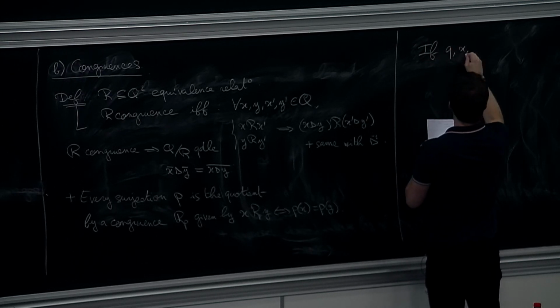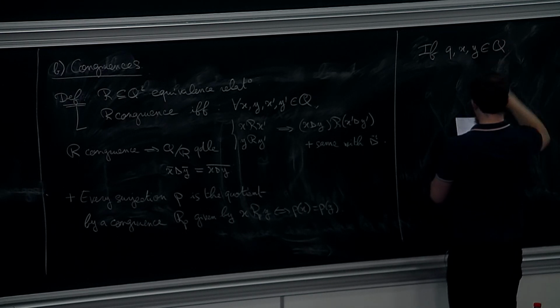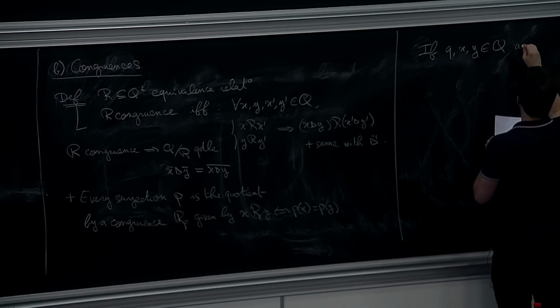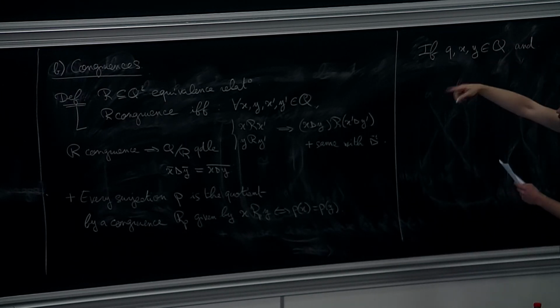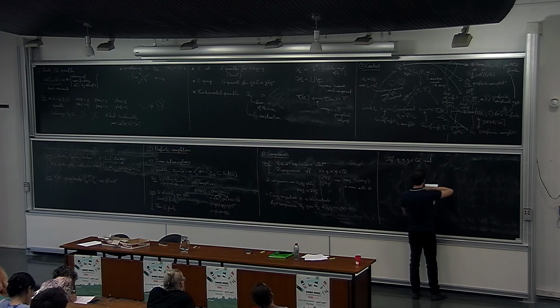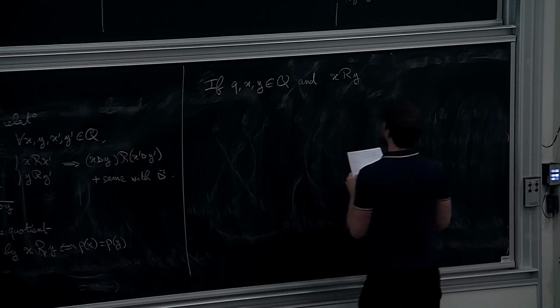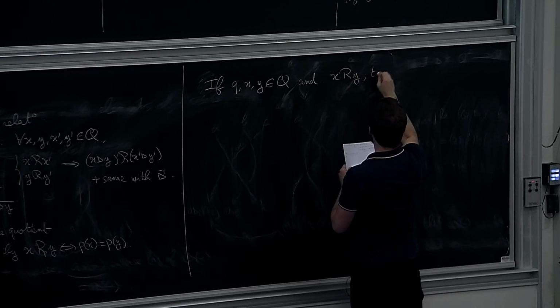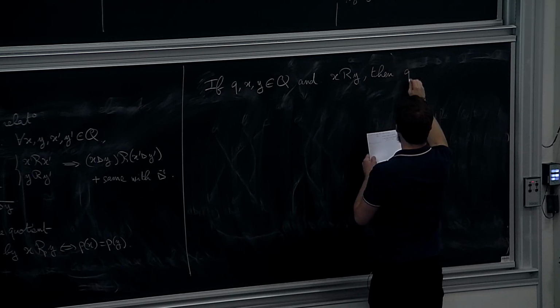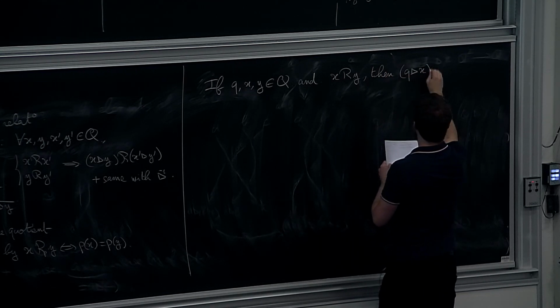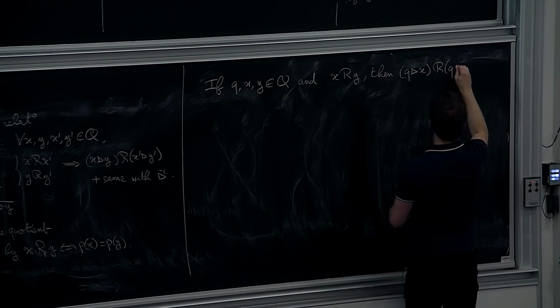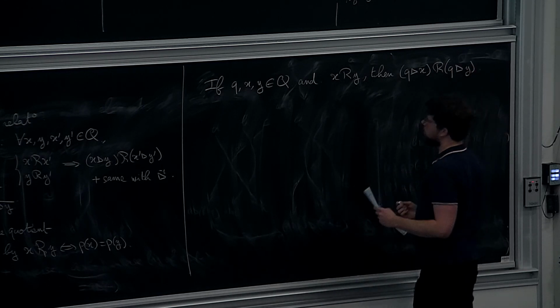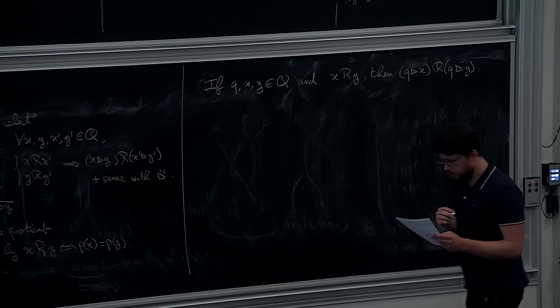If x and y are elements of Q, and there is some congruence R on Q, and we have that, then we obviously have this because of the definition of a congruence.